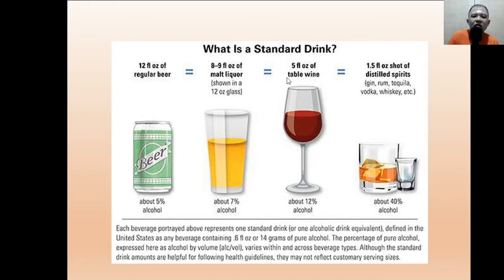For a table wine, 5 fluid ounces, that's 12%. And a 1.5 fluid ounce shot of distilled spirits, that's 40% alcohol. So even if you take a small amount, it's already high in alcohol.